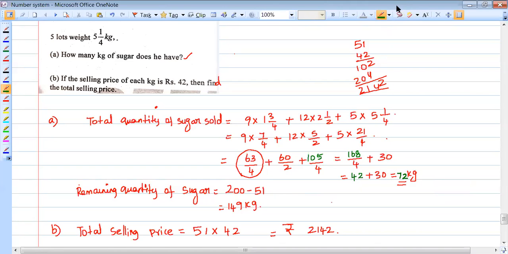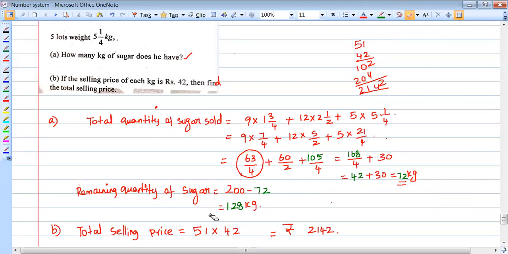Okay. So now what is the total quantity here? 200 minus 72. I'm so sorry. Here I will get the answer as 128 kg, remaining quantity of salt.